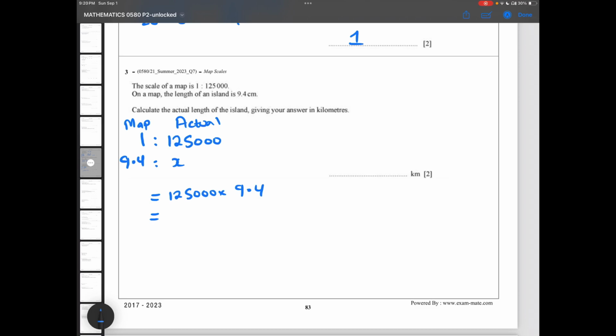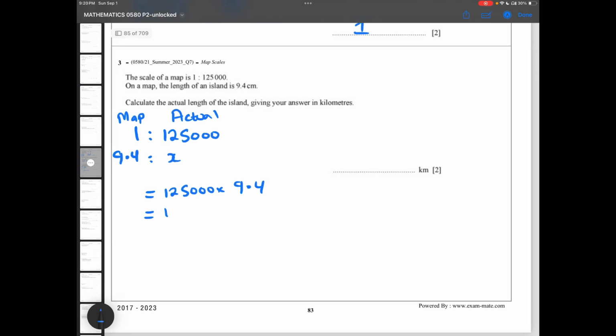And 125,000 into 9.4 is 1,175,000, and the length was 9.4 centimeters.